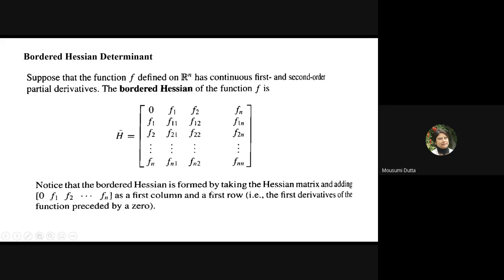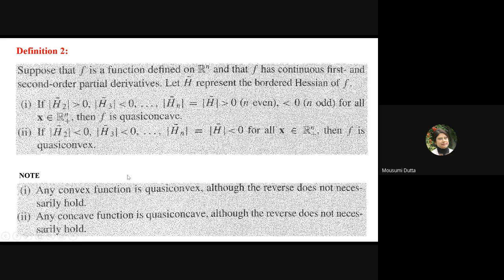So the bordered Hessian is formed by taking the Hessian matrix and adding 0, f1, f2 to fn as the first column and the first row. That is the first derivatives of the function preceded by a 0. So this is the expression for the bordered Hessian determinant. Now, to define quasi-concavity and quasi-convexity, we use this bordered Hessian determinant.